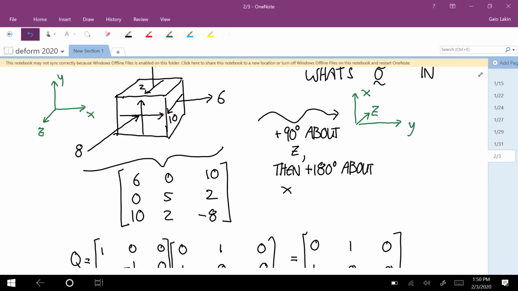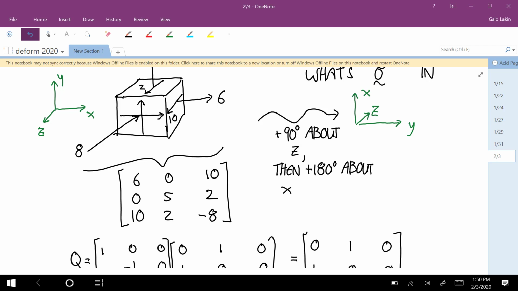And then z, this time, the z face is that face in the back that we don't usually think about. But what we do know is that the tractions on the back are equal and opposite to the tractions on the front.